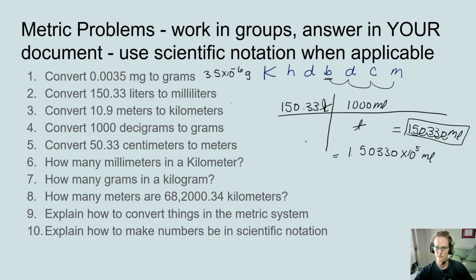So my final answer is that. So up here I'm going to put 1.5, and I'm going to round it off. There's 1, 2, 3, 4, 5 significant numbers here, so I only have to write 5 of these numbers. I can leave off that last 0. Times 10 to the 5th milliliters.